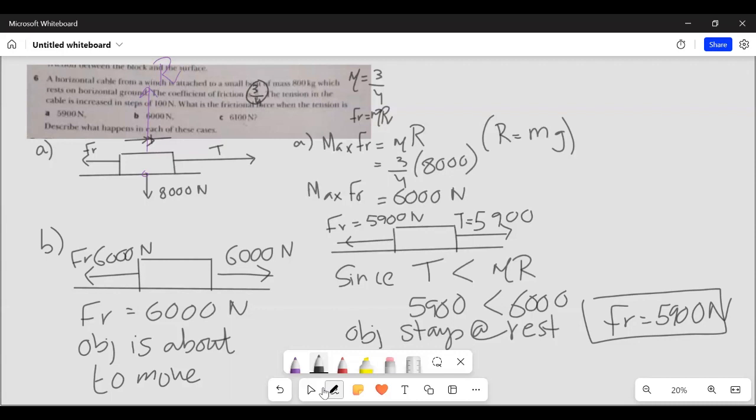And lastly, the third case, the tension becomes greater than 6,000 newtons, अब आ गई 6,100 newtons. तो फ्रिक्शन अभी अपनी मैक्सिमम वैल्यू पे ही रहेगा, विच इज 6000 न्यूटन, उससे ज्यादा नहीं बढ़ सकता.